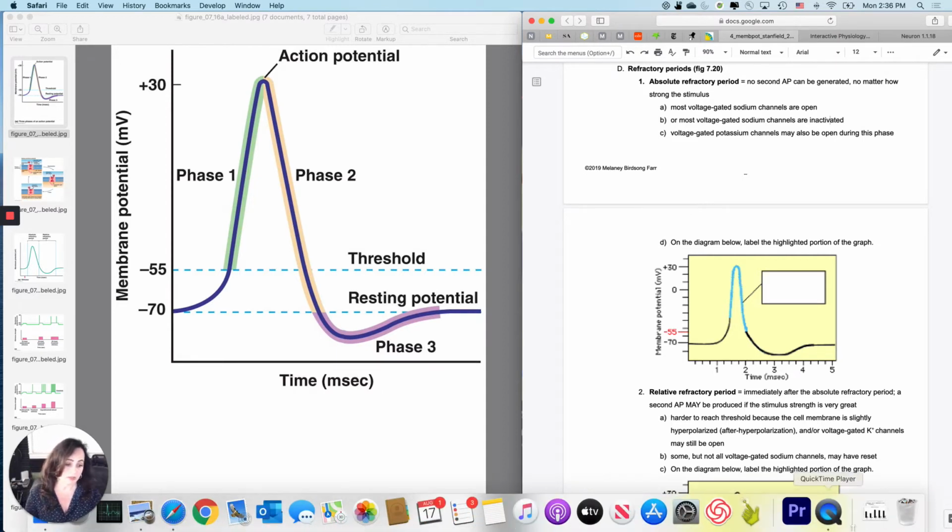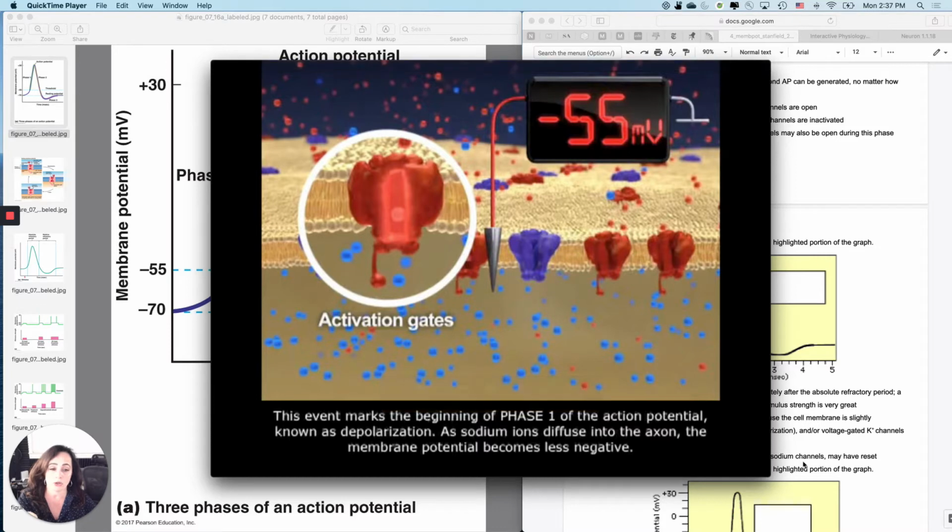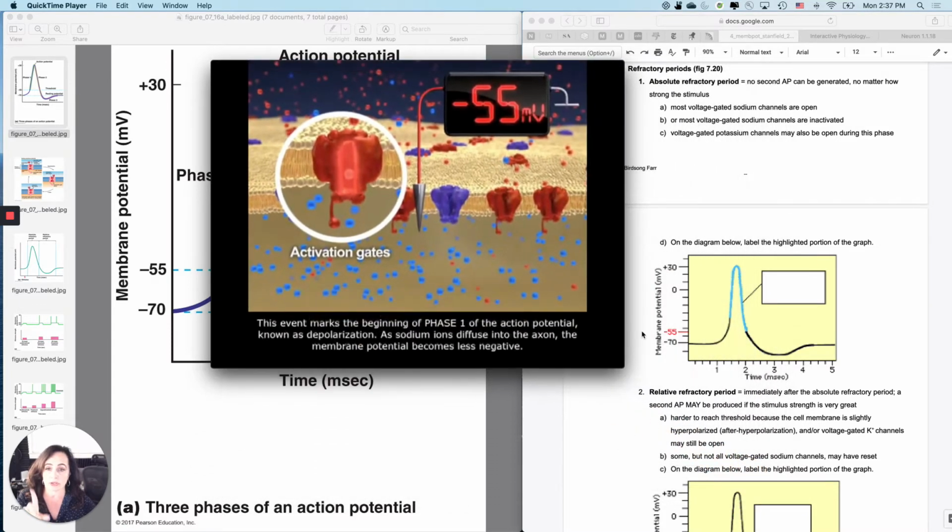So let's go back to the video that we looked at last time. We don't have to watch the whole thing. But remember that in the video, these are your voltage gated sodium channels. They're in red. They've got a top gate and a bottom gate. And then these are your voltage gated potassium channels. So I want to look at this again.